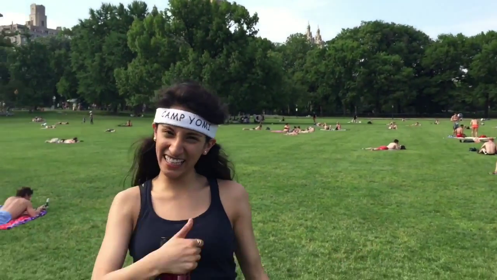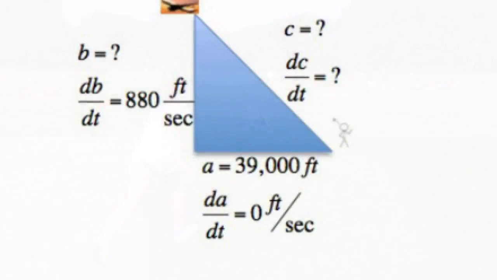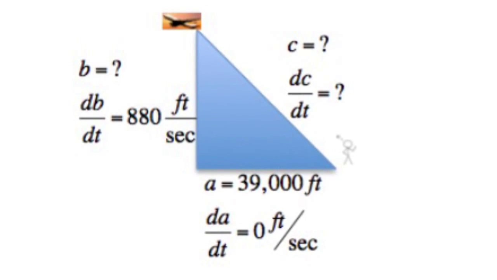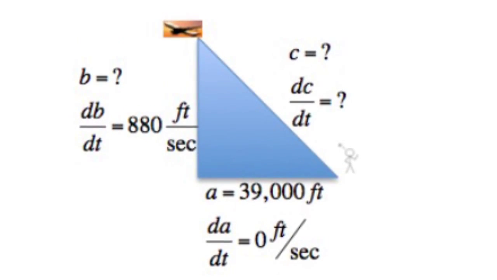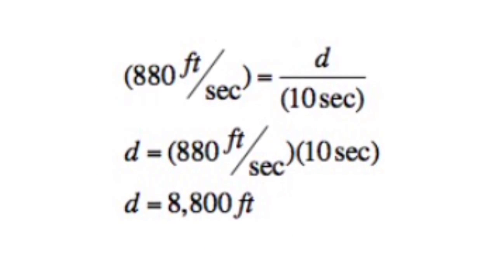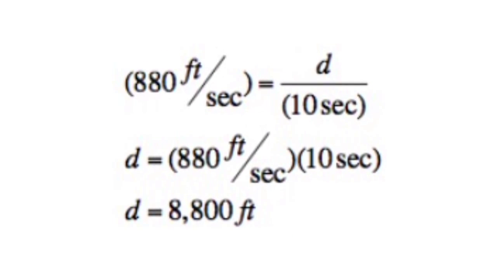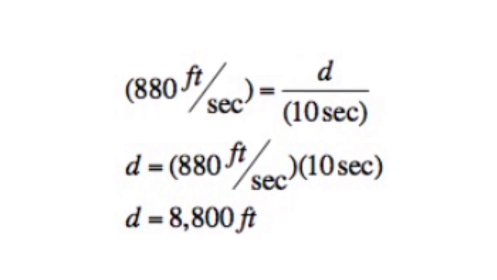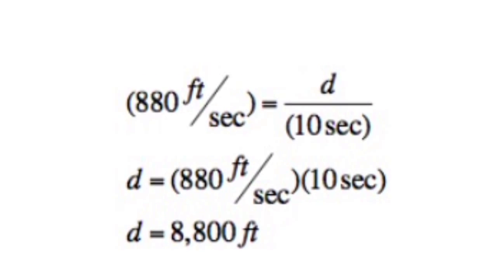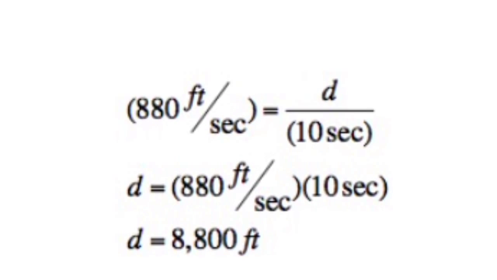Pam then uses her handy-dandy stopwatch to come to the conclusion that the airplane is traveling 880 feet per second. What distance is the airplane away from Pam at time t equals 10 seconds? At what rate is the distance between Pam and the airplane changing? Since we are given that the airplane is traveling at 880 feet per second, we can use the equation v equals d over t to find the distance.